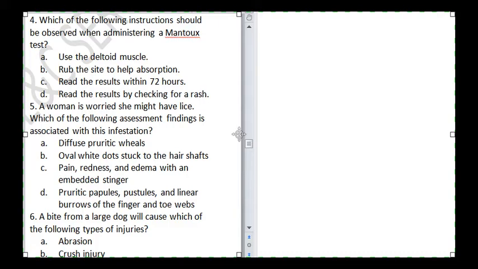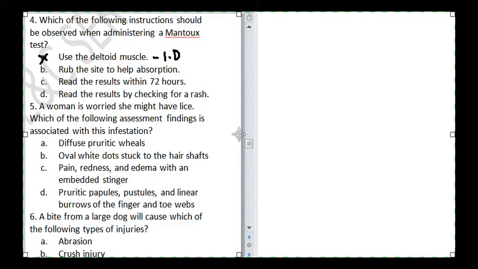So let's try to eliminate wrong options, which is obviously A, because we do not use the deltoid. Remember, the Mantoux test is your PPD, or purified protein derivative. It is used to check exposure to TB, and the test is usually done intradermally, not IM.